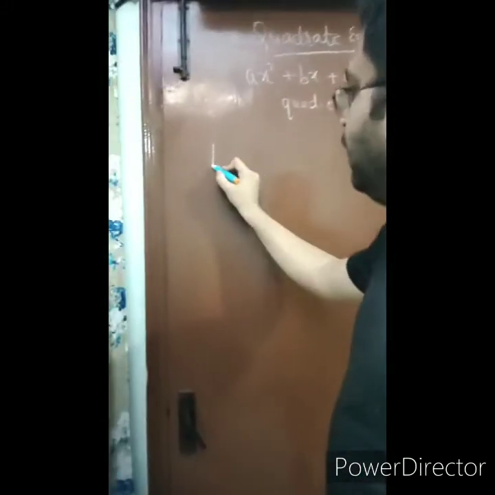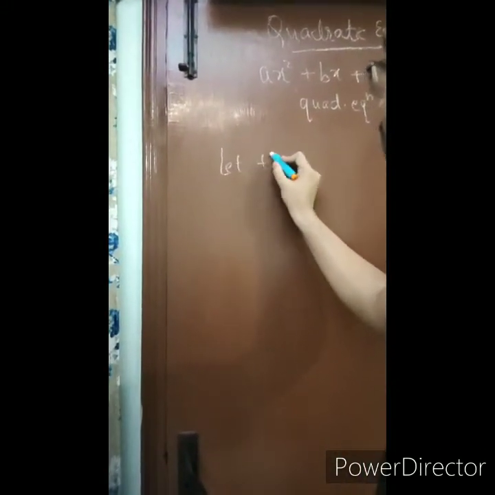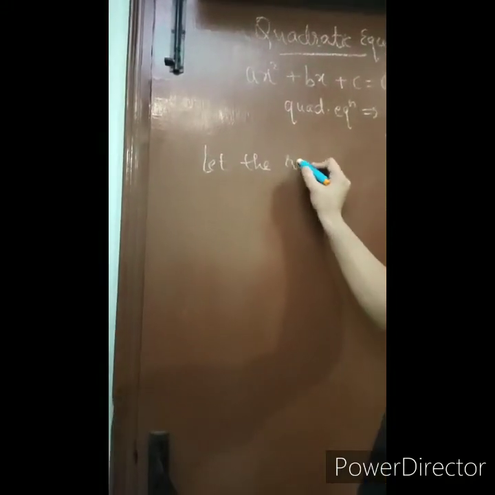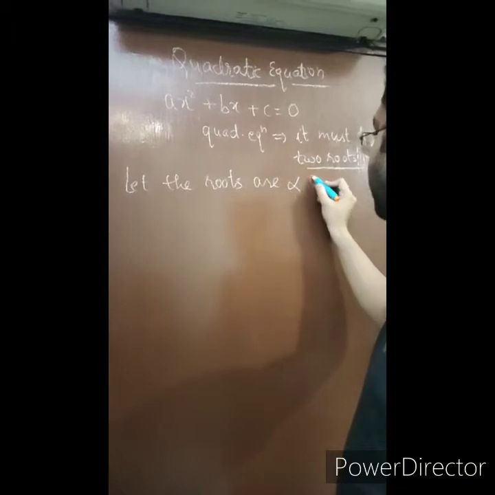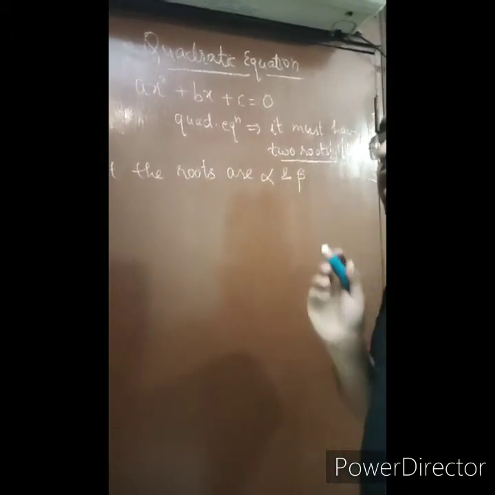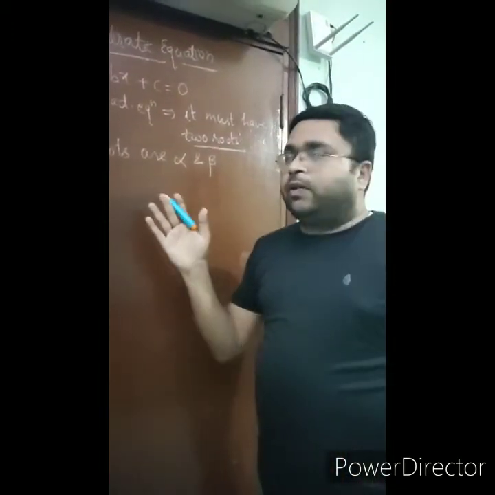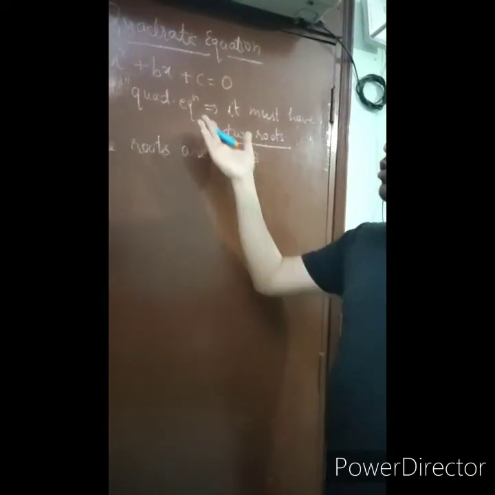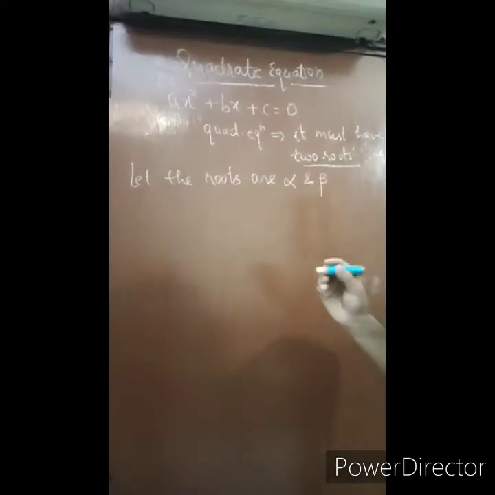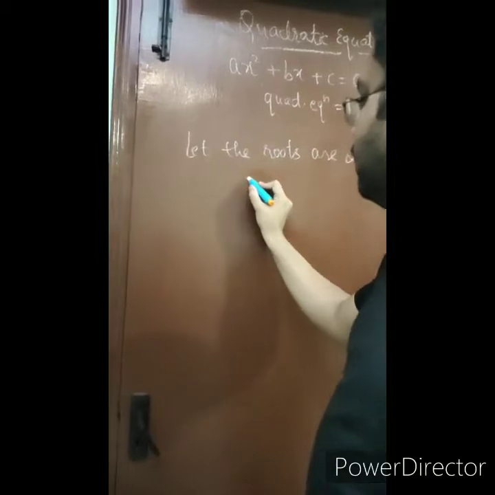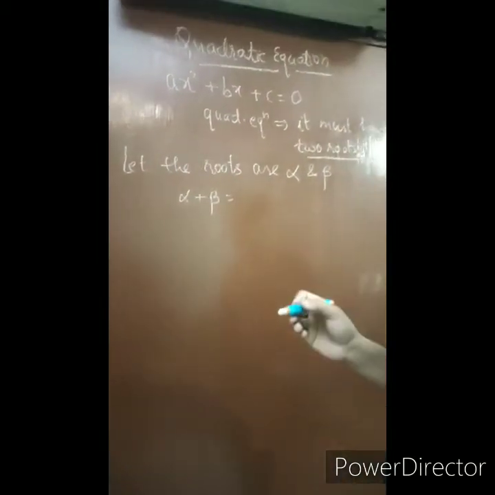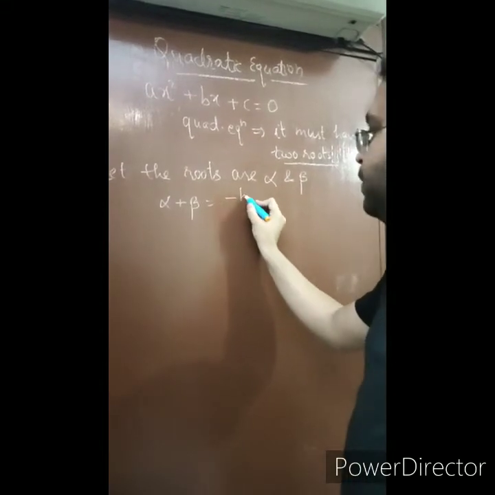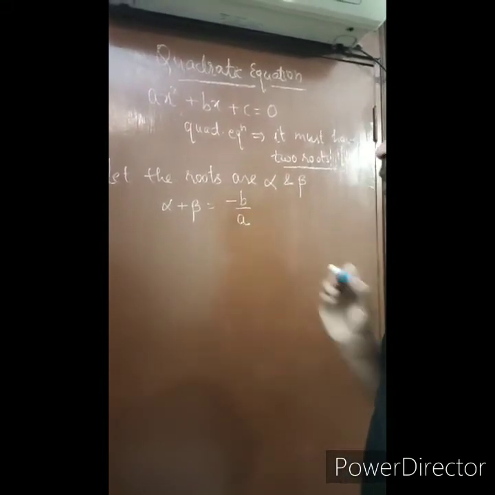And let the two roots be alpha and beta. We have considered here alpha and beta are the roots of this equation. So the relation between alpha, beta and the coefficients of this quadratic equation is alpha plus beta becomes equal to minus b by a.